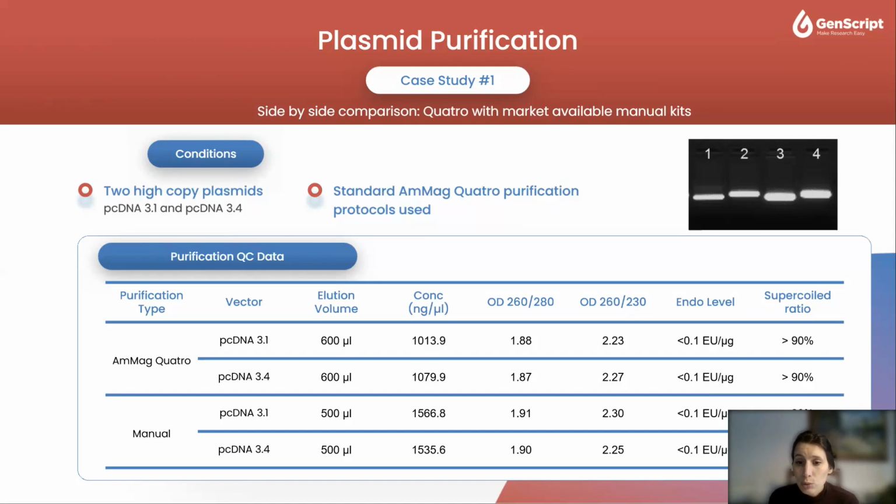However, the elution volume was lower for the manual. It was one of the first internal case studies. I still like to show it because it is one of the first steps that we did. You can see that the quality, the OD readings, as well as the endotoxin levels and the supercoiled ratio of the end product, was high quality and consistent with what we saw with the manual kit.